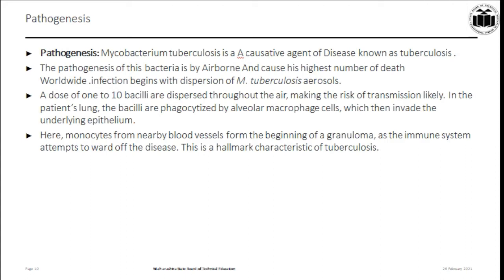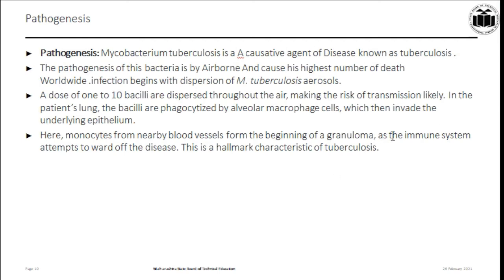If they fail, then the Mycobacterium shows logarithmic growth in the human, causes the lung infection and makes the person suffer from tuberculosis.